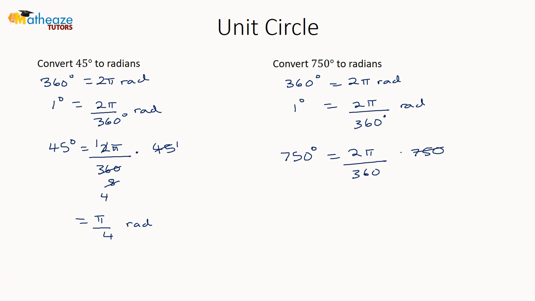So let's divide this through. You should get 25 here, and then you get 12, and then you have 6 over here. So you're going to have pi times 25 over 6 radians, which is going to be 25 pi over 6 radians. So this is how you convert from degrees to radians.